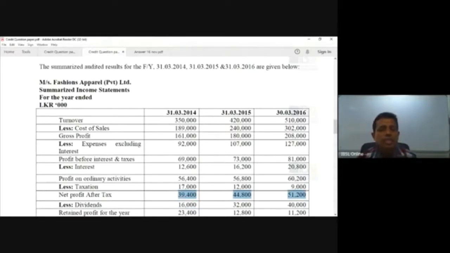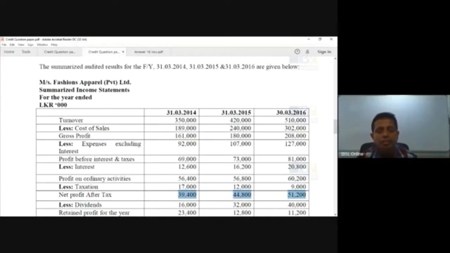Don't take the last item. Now, when I was correcting some papers, people tend to take the last item of the income statement. The last item of the income statement here is the retained profit for the year, not the profit after tax, right? In order to calculate the net profit ratio, you need to take the net profit after tax.